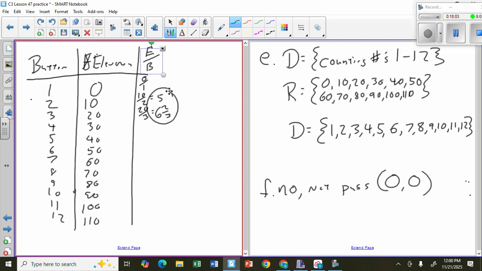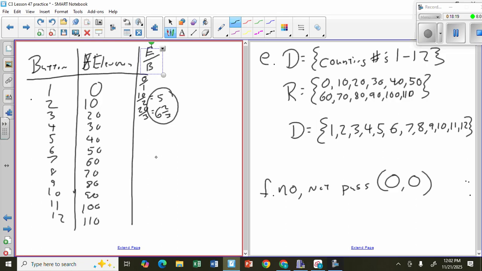I want you to come up with what the equation of this line would be. Pause the video, come up with the equation. All right, for the sake of time, hopefully you had your chance. An equation says what to do to the input to get the output.